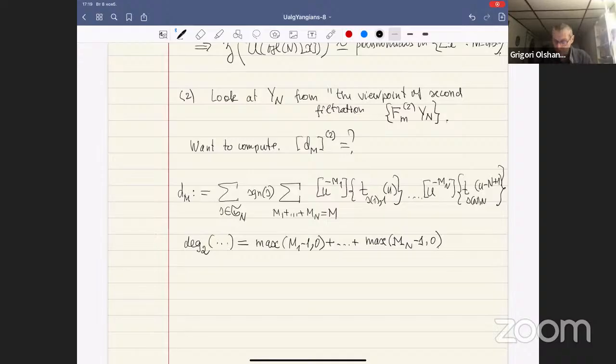What happens if the degree is 0? Then we don't need to extract 1, because an element of degree 0 is a constant, and it has degree 0 in any situation. So this explains why we have these expressions.